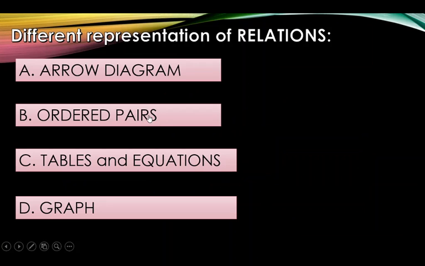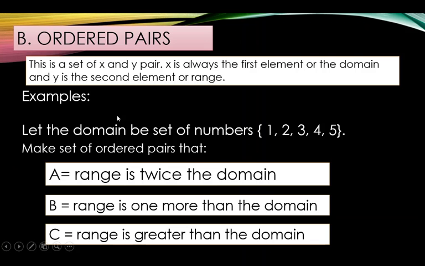Another representation of relations is using ordered pairs. So let us discuss ordered pairs. An ordered pair is a set of X and Y pair. X is always the first element or the domain, and Y is the second element or the range.